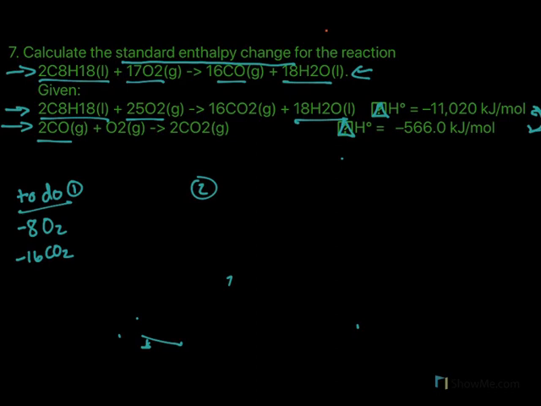So what I'm going to do here is just reverse this equation. Whatever you do to this equation, you have to also do to this delta H value. So if I flip this reaction and make it into this, that means that I need to reverse the sign of this delta H value.